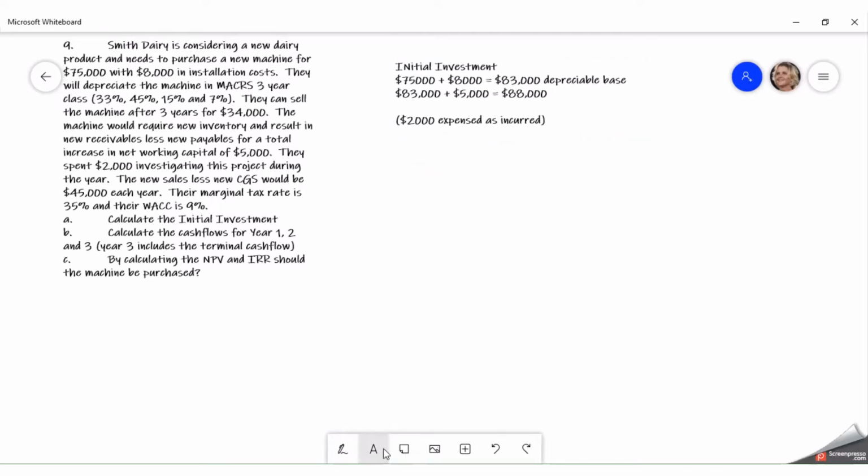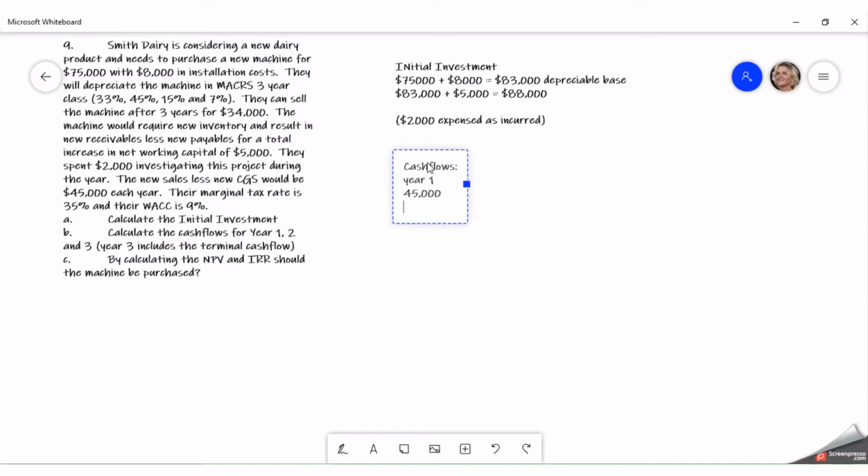Then the next thing says, okay, now calculate the cash flows for year 1, 2, and 3. So year 1, we've got a net increase of gross income, I guess, of $45,000 because it's sales less the cost of goods sold. So there's a $45,000 gross profit there.